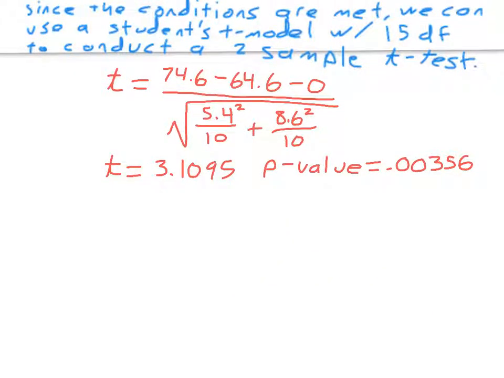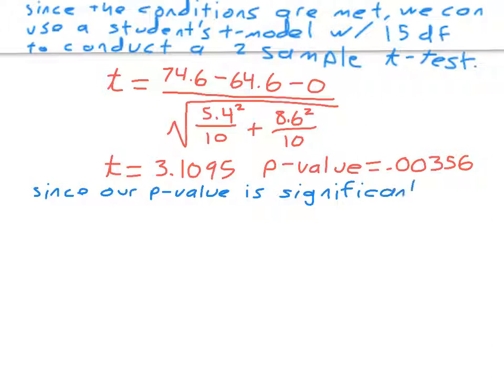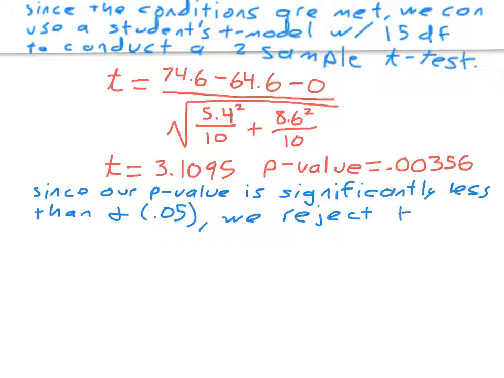Okay, and then we give our conclusion. Since our p-value is significantly less than alpha, which was 0.05, we reject the null hypothesis, or H0.